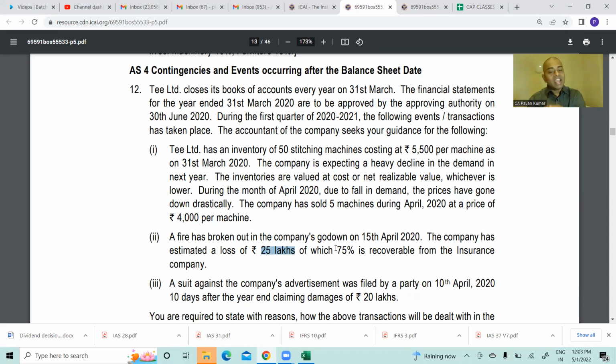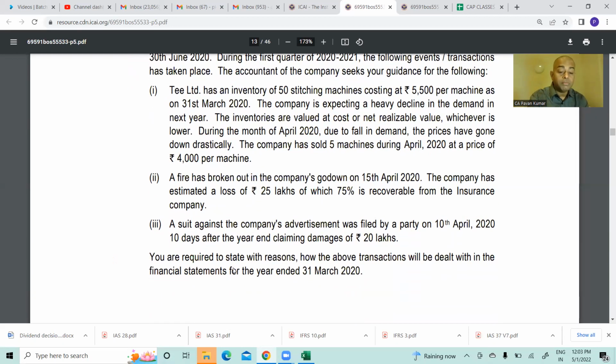If that is the case, then you can recognize 18.75 as receivable. You understand? Okay. So that is this case. And also here, you have to show it as an extraordinary item, because fire accident is an extraordinary item. Okay, that is about the second point.